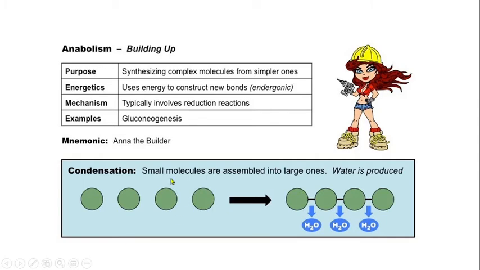And we have a mnemonic here which is actually really fun: Anna the Builder. So it's easier for us to remember. Just think Anna the Builder. So when we say anabolism or anabolic pathway, we are building complex molecules from simpler ones. All right? Got that?